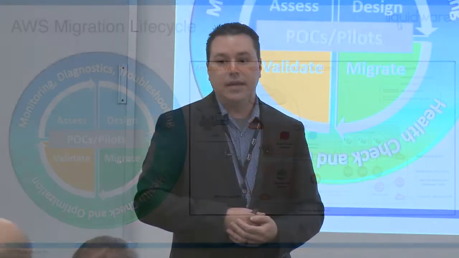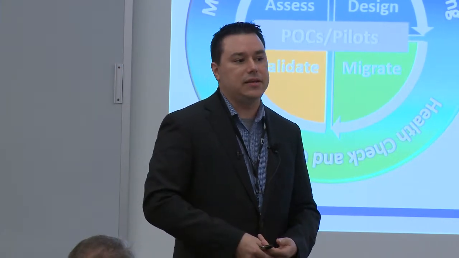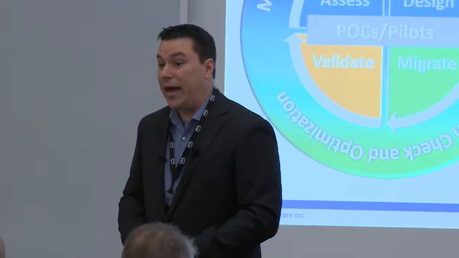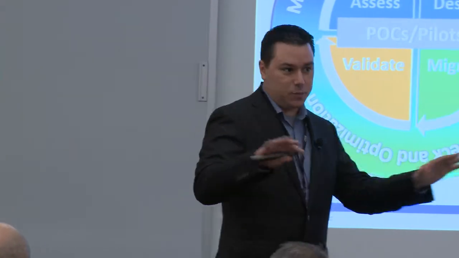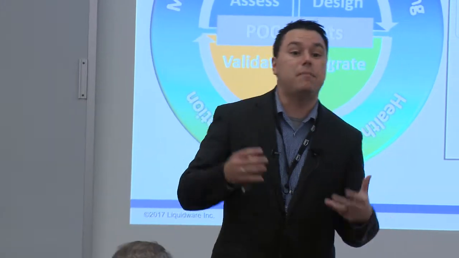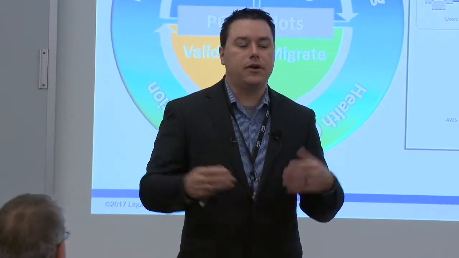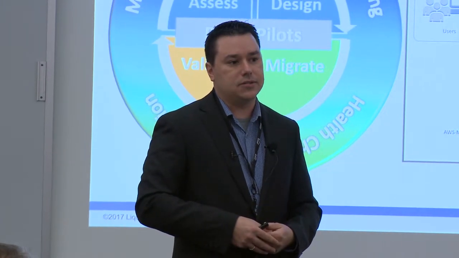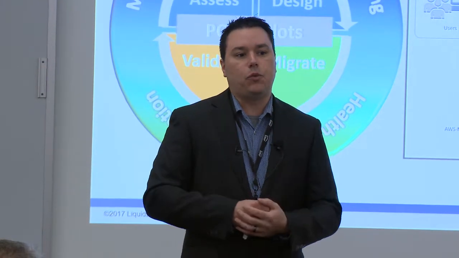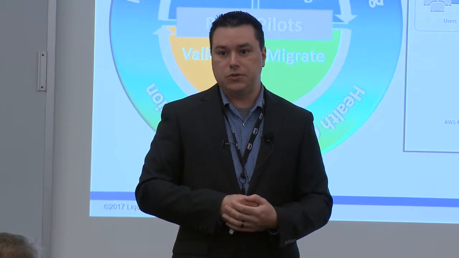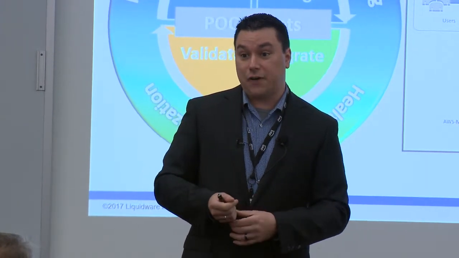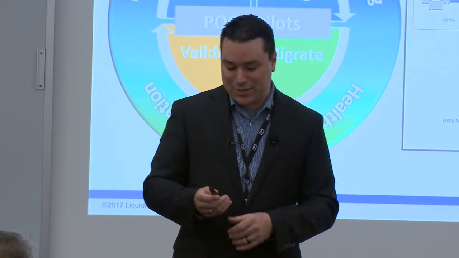How do we go and do it? So the cool thing is I get to see all the goods and all the bads of what these organizations do. Now, for the safety of my clients, the names and faces will be changed to protect the innocent. I'm not going to actually mention any client names, but the largest clients that I work with inside of the AWS community include environments of 40, 50, 60,000 concurrent users, so I've seen a lot of weird stuff. We're going to talk about all that weird stuff today.